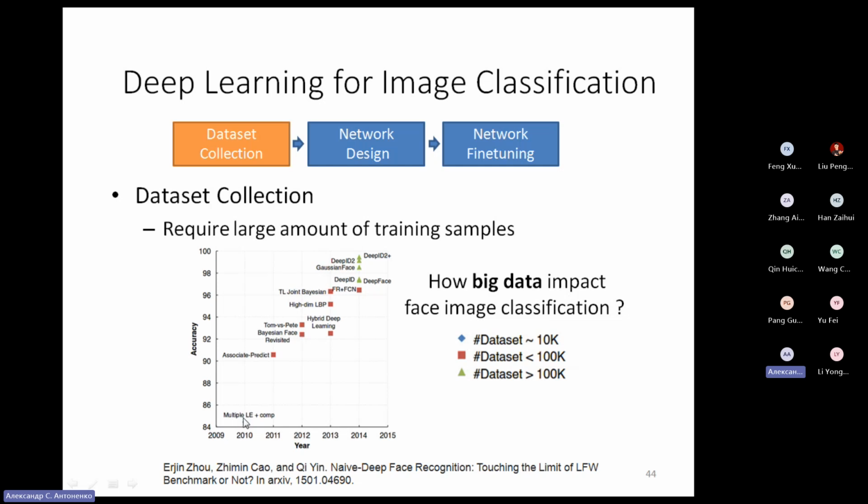At first, small data sets and bad recognition accuracy, only 85%. But then we use very big data sets four years later with more than 100,000 images and the accuracy of recognition is much better.